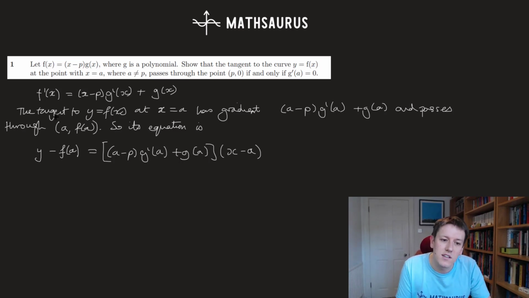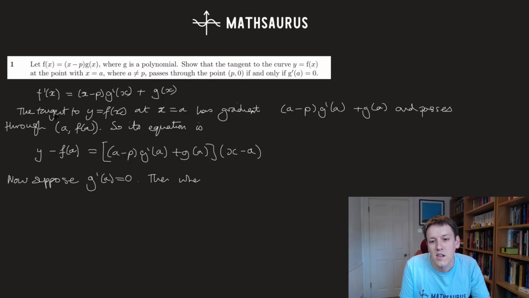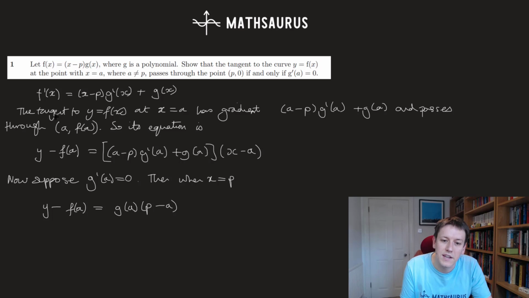So let's start by saying, let's suppose that g prime of a is 0. And then let's also put in the x coordinate p here and see what the y coordinate is. So I'd get y minus f of a equals, now if g prime is 0, this term drops away, so I'm just going to have g of a times p minus a.